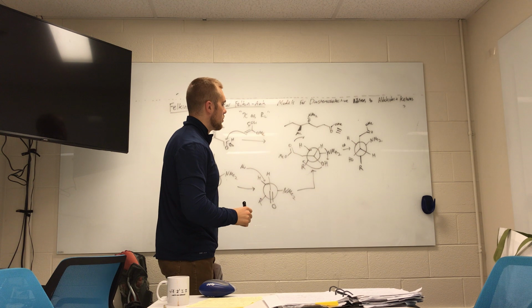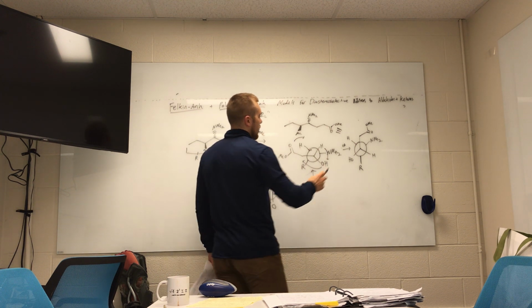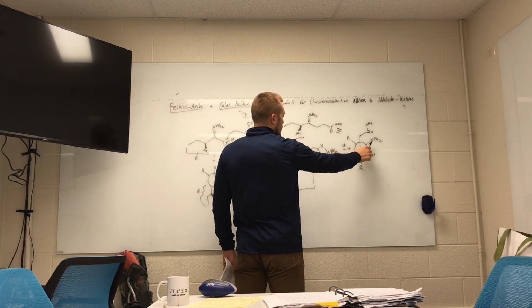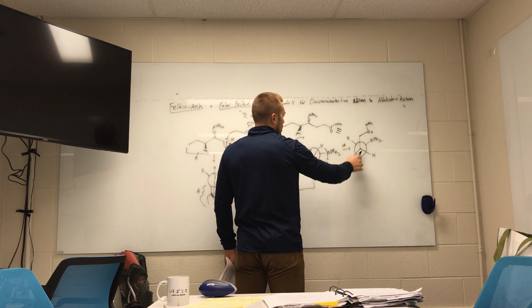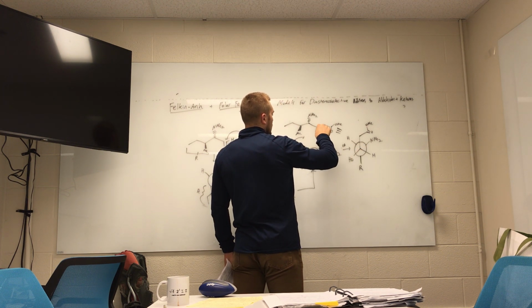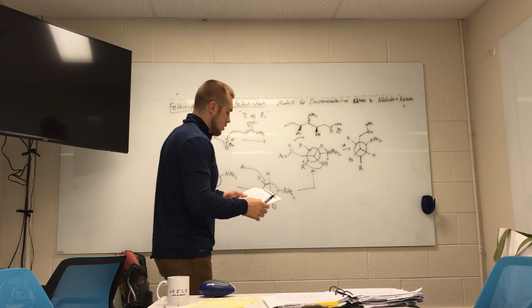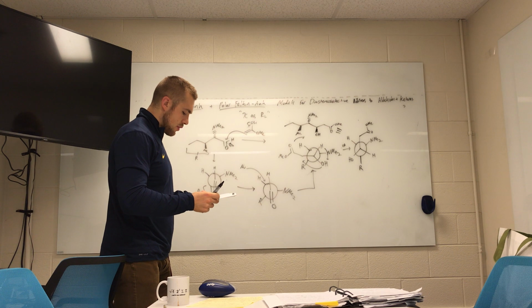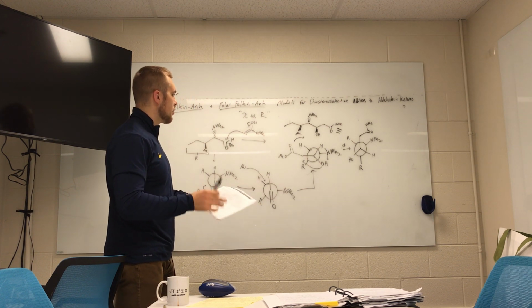And so if we want to determine where our OH is, well, it's anti to our polar bond group. So that'll put it on the wedge. Just make sure. Yes, so I didn't mess that up.